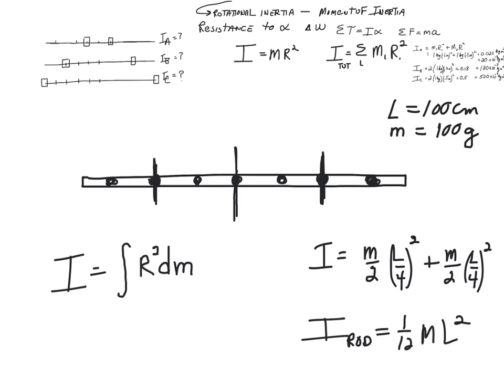Where does that come from? That comes from the calculus. And there will be other equations for other forms, like what's the rotational inertia of a disk or a hollow sphere, and so on. So there's a whole table of values of rotational inertia for all these different objects, and in most cases we'll just look them up in the table.